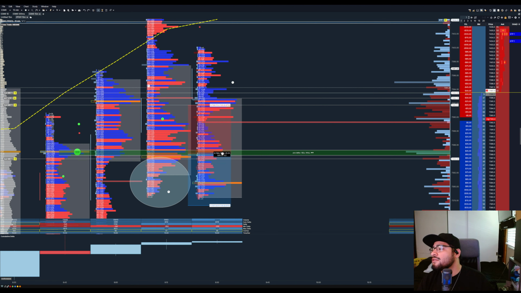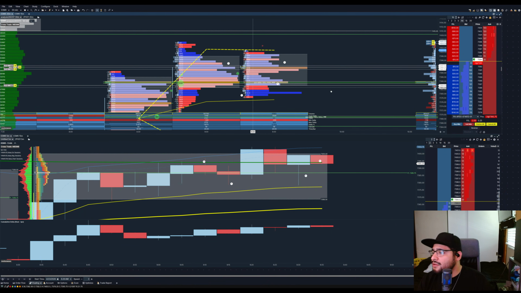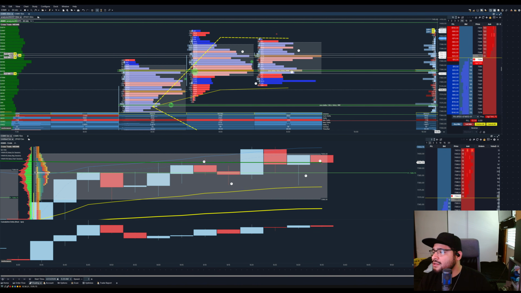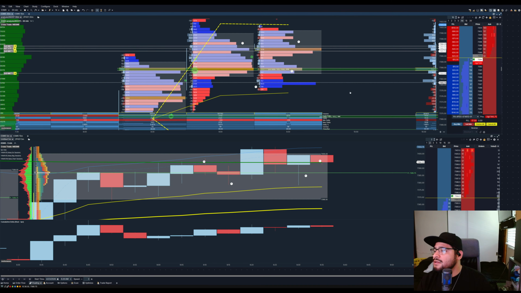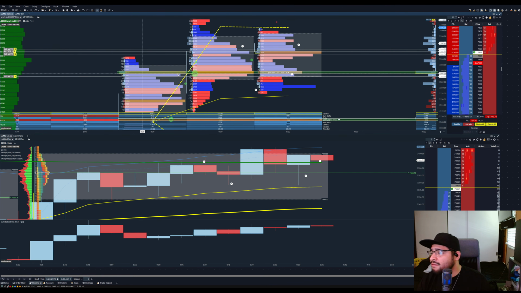If we look at the 30-minute chart, we still have the point of control here at like 85. The next candle, we also have the point of control at 85.